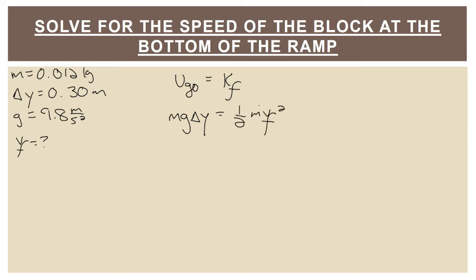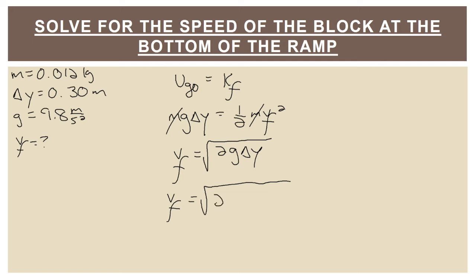Of course, as is always the case, the masses cancel, and we get v final equals the square root of 2g delta y. And so when we plug those numbers in here, we get 2 times 9.8 meters per second squared times our change in height, which is 30 centimeters or 0.3 meters.